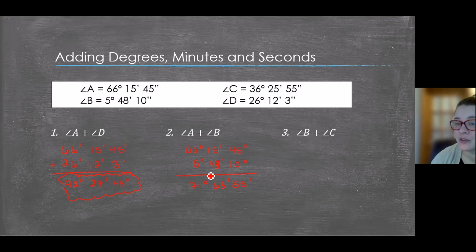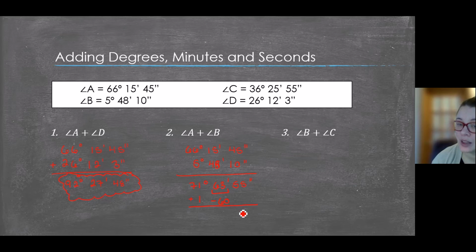Now, this is not our final answer simply because of what we have here in the middle. This 63 minutes, we can't leave that way because 60 minutes makes 1 whole degree. So because this is greater than 60, we're going to subtract 60 from it because that's the same as 1 degree, and we add 1 to the next higher unit.